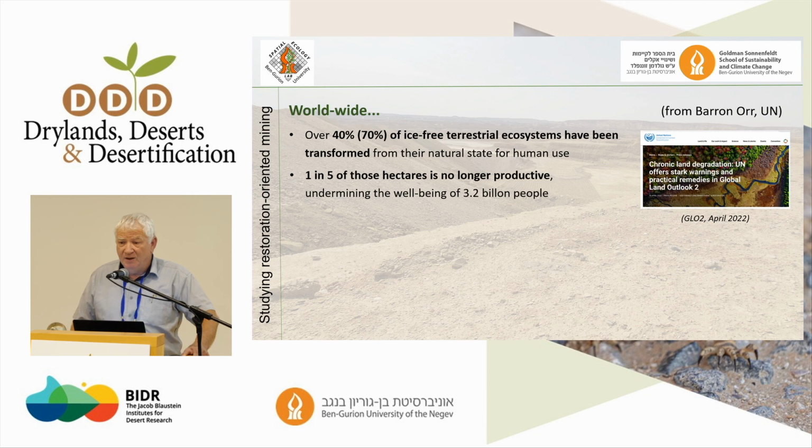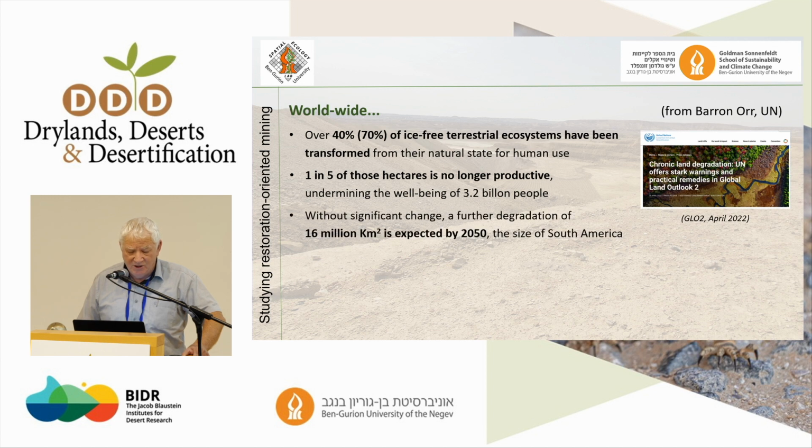We are lucky, we live in the OECD and rich countries, most of us, and we are not influenced by that, but many people in the world are influenced by habitat degradation. Without significant change, i.e. business as usual, a further degradation of 16 million square kilometers is expected by 2050, which is the size of South America.